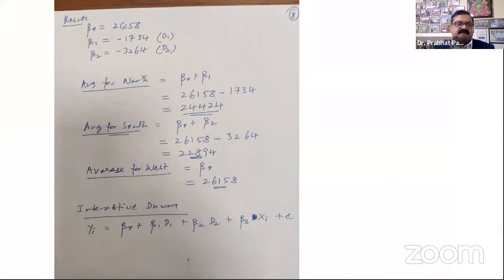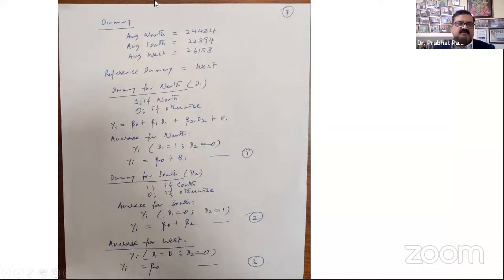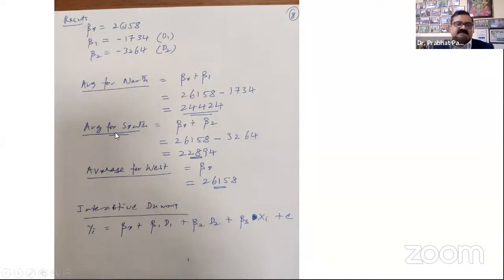And interestingly, what was the average of north? 24424, you see. We calculated it from the simple method, and we got 24424 as the salary in the north. And what is the average salary of the south?